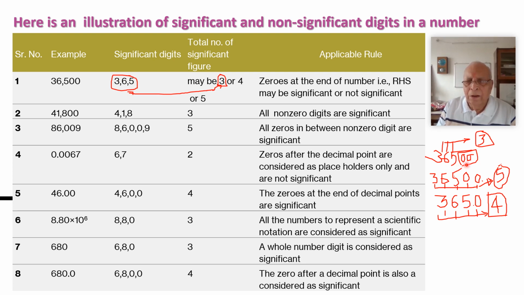Again, trailing zero is not significant until and unless there is a decimal point. So the number is 3 again. Suppose I write 36500 point. Simply I put a point here. Point means after that there is a zero. So how many significant figures are there? 5.